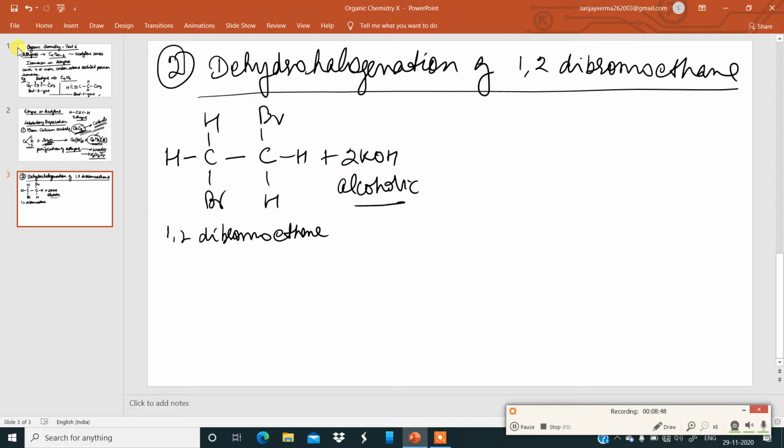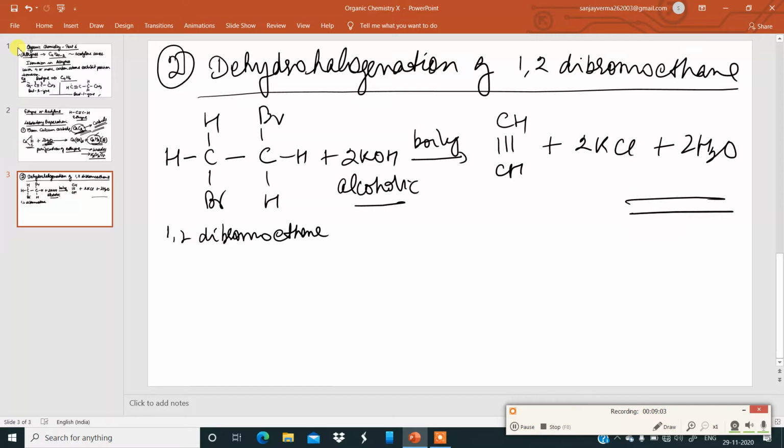Don't use aqueous. You have to use alcoholic. And upon boiling this mixture, ethyne gas is produced along with potassium bromide and water. Okay, so this is the second method of preparation of ethyne.